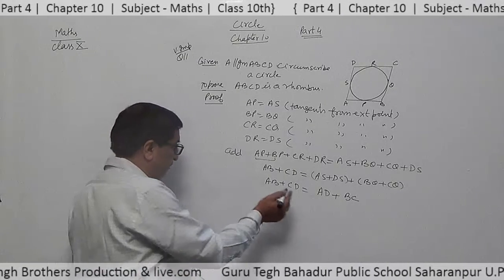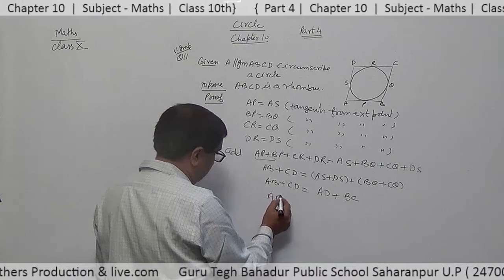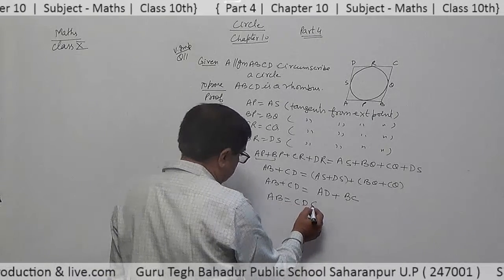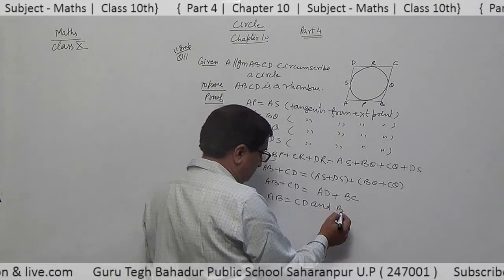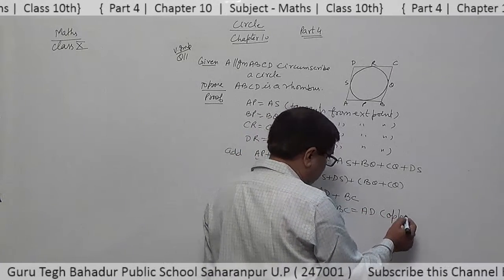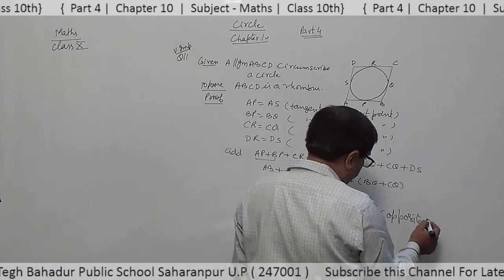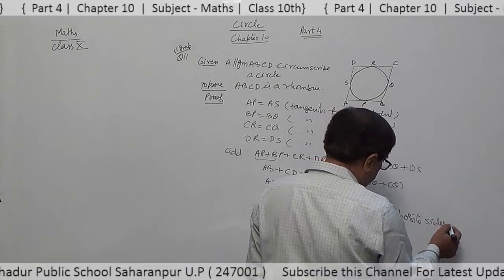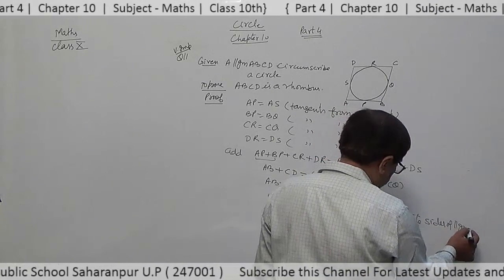Now, after that, AB is equal to CD and BC is equal to AD, opposite sides of a parallelogram.